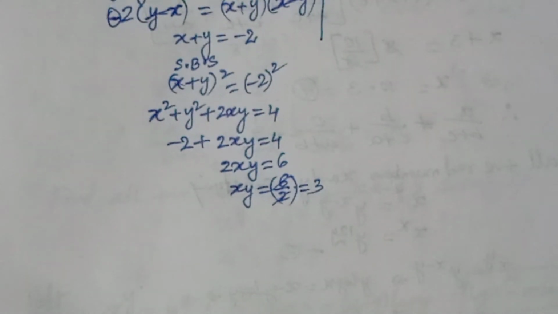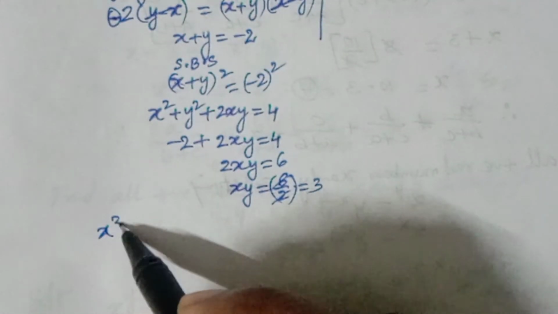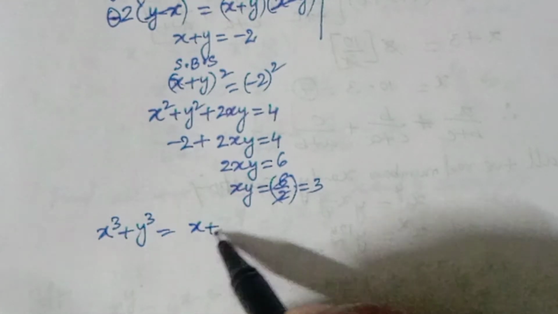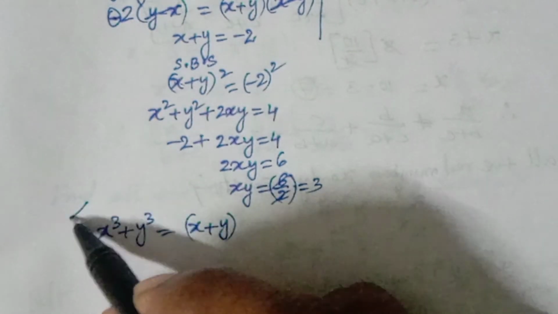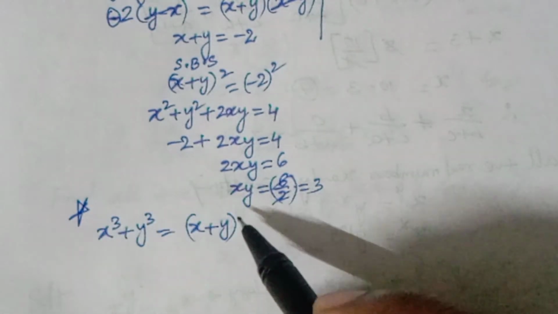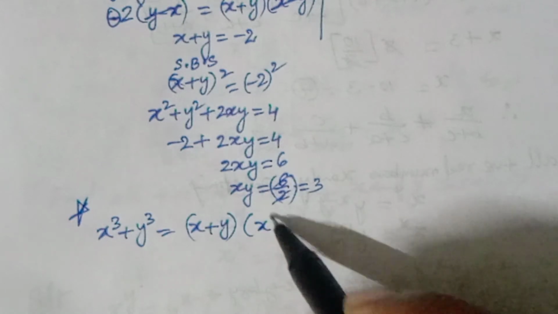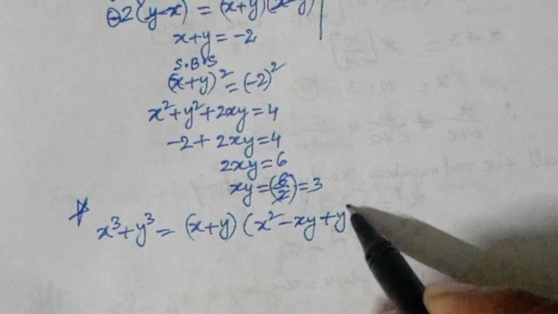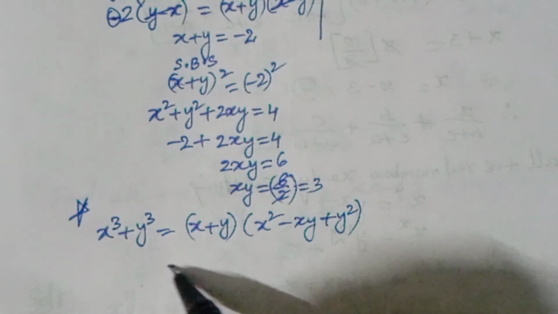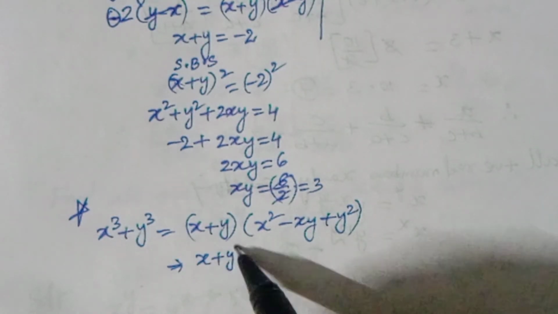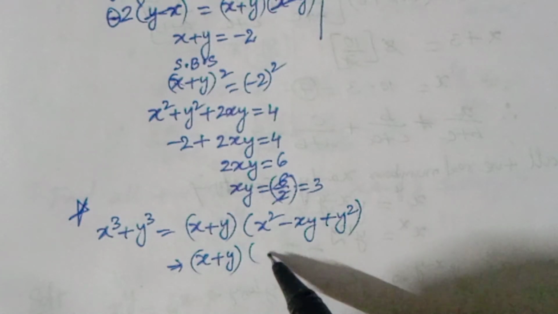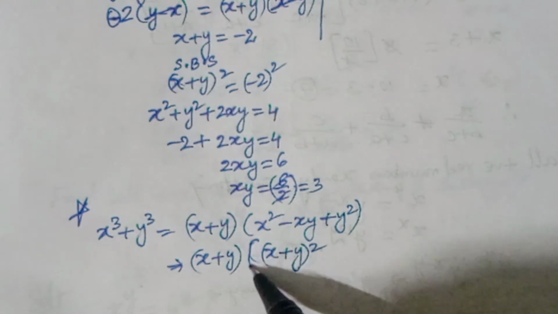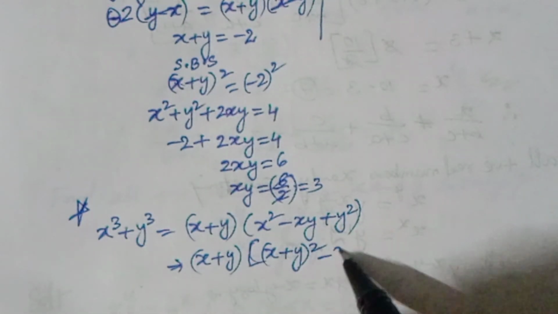Now what you have to find is the x cubed plus y cubed value. x cubed plus y cubed is equal to, this is the logical step, x plus y into x squared minus xy plus y squared. So this can be written as x plus y into x plus y whole squared minus 3xy.